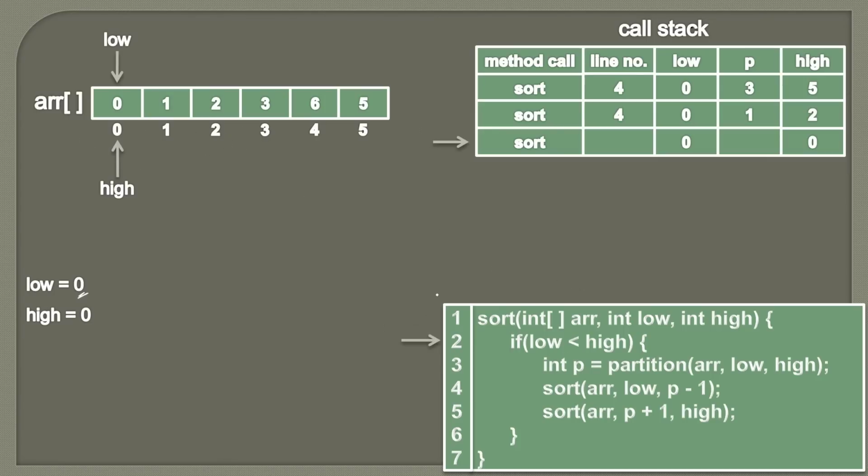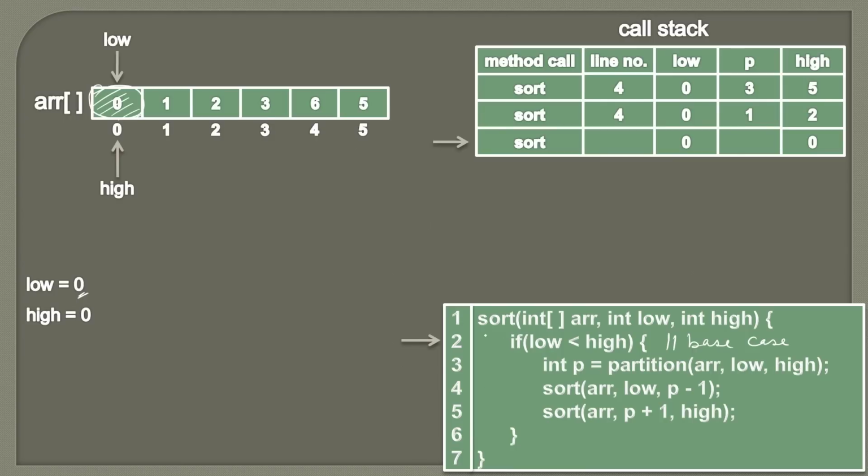So friends, here you can see now low and high are pointing to the same index. It means that we are left with only one element and we can't divide or partition this array further down because we have only one element. So therefore we have reached our base case. So low is equal to high.